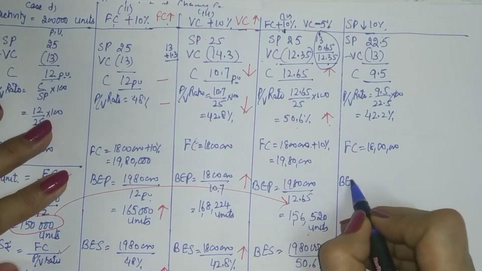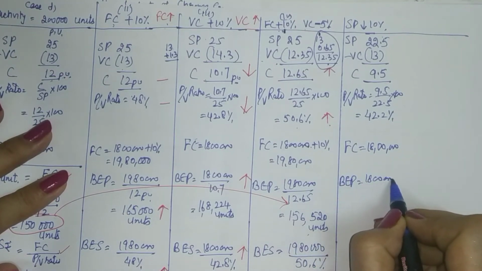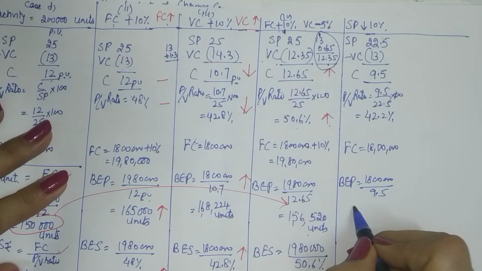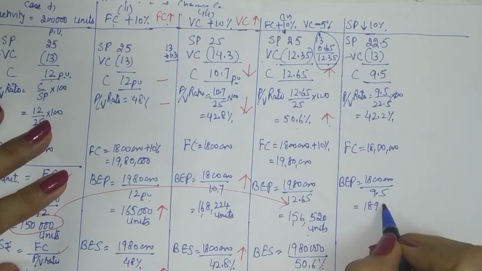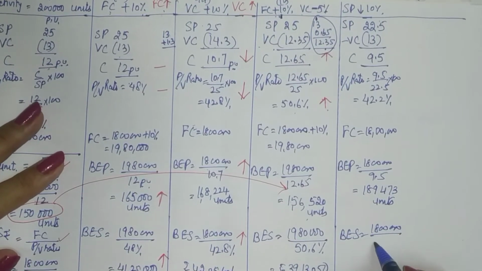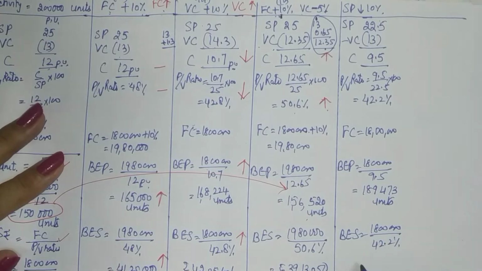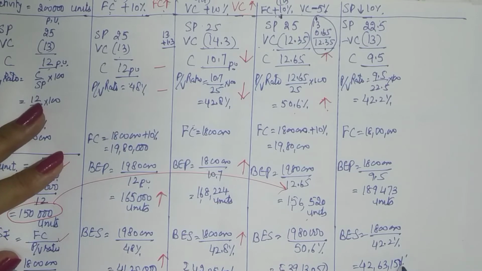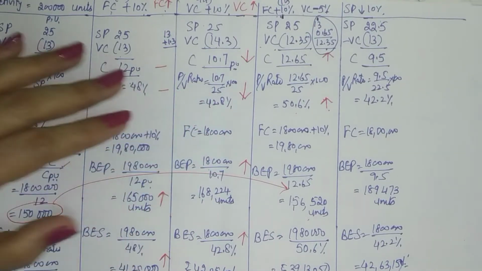So break-even point will be 18 lakh upon 9.5, that gives us 1,89,473 units. And break-even sales will be fixed cost upon PV ratio, that gives you 42,63,150. Alright.